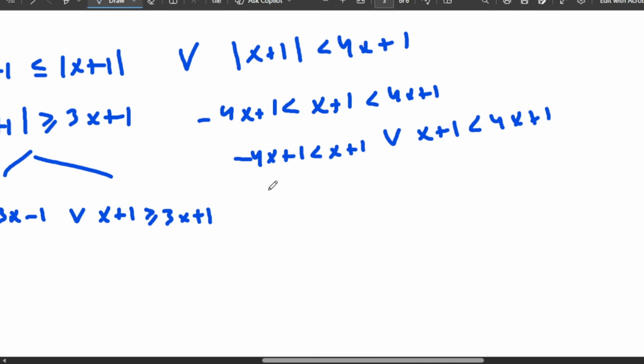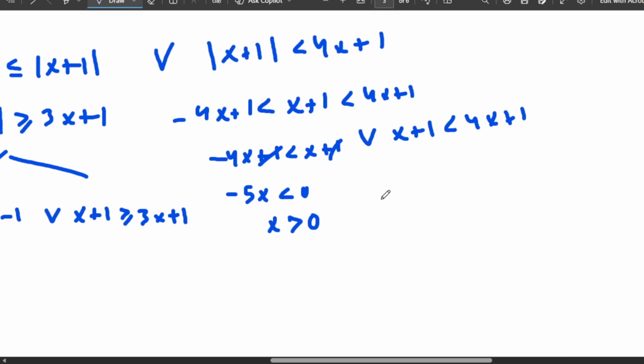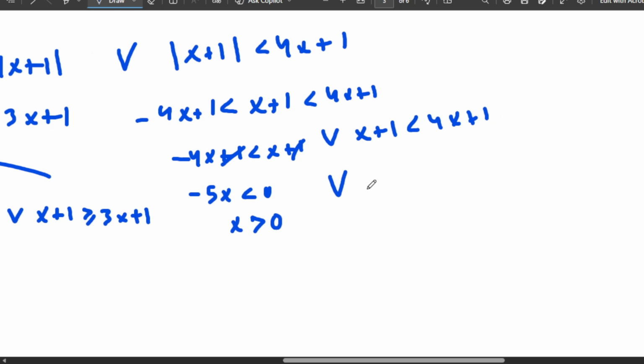This is supposed to be 'and', actually, not 'or'. So we have minus 5x, which cancels out the ones, and we have less than 0, so it must be greater than 0. Or we have, again, the 1 cancels out, and for 3x, negative 3x is less than 0, so x must be greater than 0.